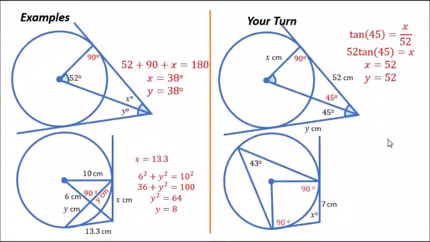For the next question, we have these two angles are both 90 degrees. That's because the radius and the tangent are at right angles to each other. So they're both 90, which means this quadrilateral here is going to be really important. Now, we're trying to find that angle, but we don't know what this angle is.